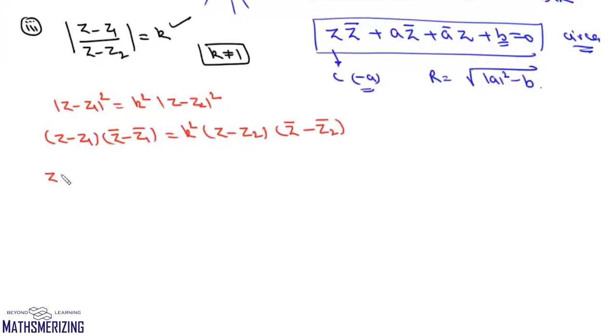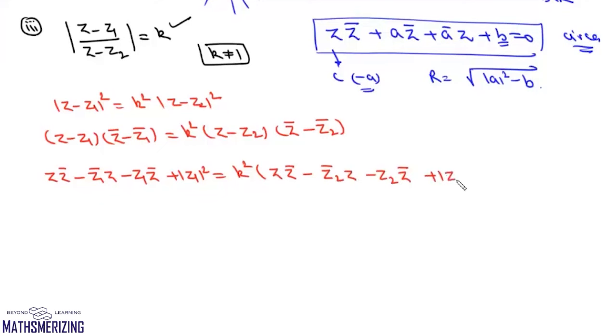We'll write z z̄ − z̄1 z − z1 z̄ + |z1|² = k²(z z̄ − z̄2 z − z2 z̄ + |z2|²).